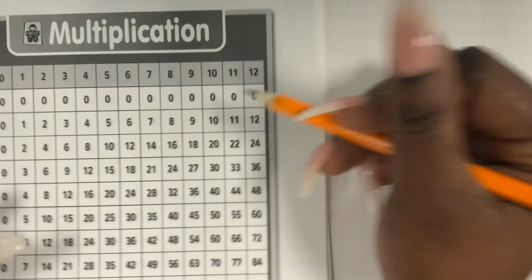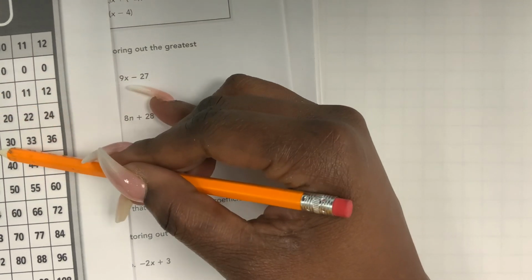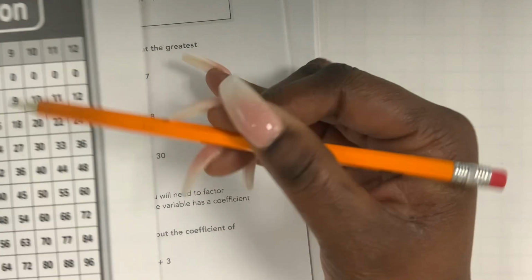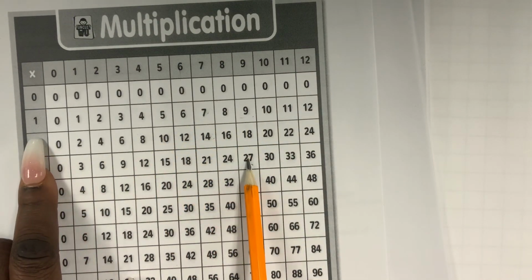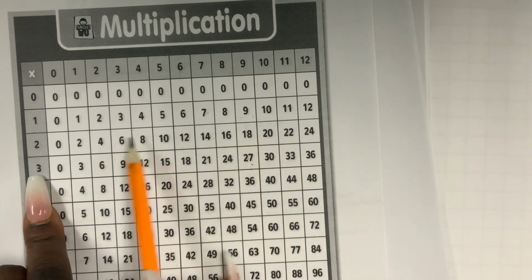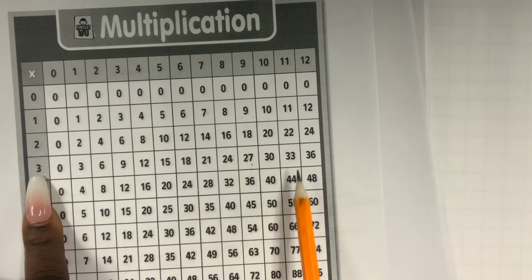So I'm looking on this list. I'm looking for 9 and 27. I see 9 and 27 in the same row, and I see 9 is 1 time and 27 is 3 times. Now notice they have to be in the same row. 9 can't be way over here and 27 over here.